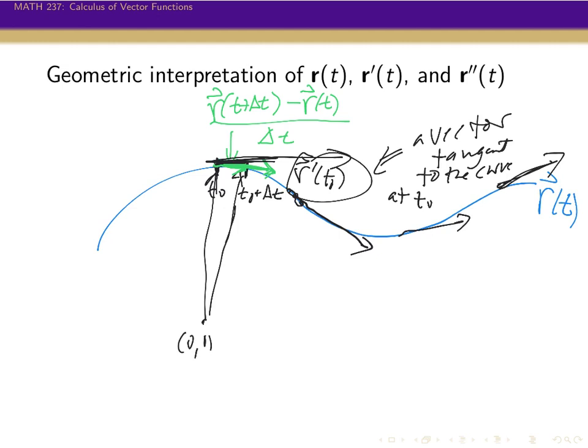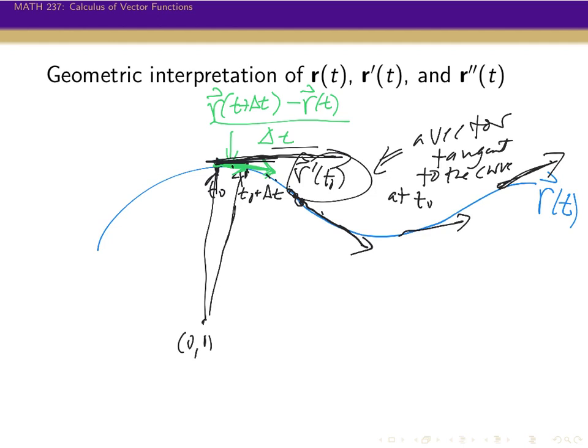And so then r double prime of t is going to be looking at, well, what's the difference between these two vectors? So if I'm thinking about what the second derivative is going to be here, I can see the first derivative at this point is pointing pretty horizontal, but then when I move further down, now it's pointing down, right? So which way is that vector moving?